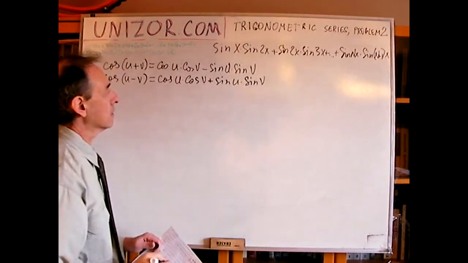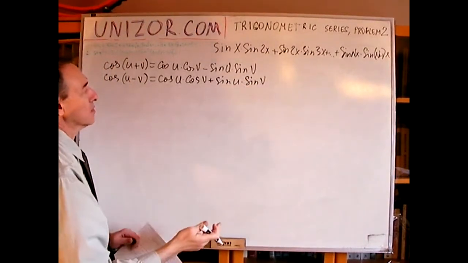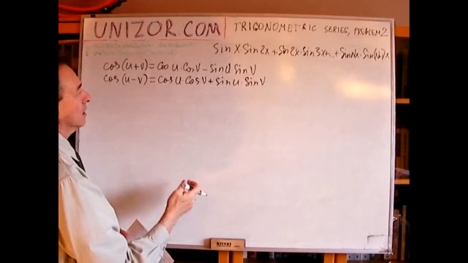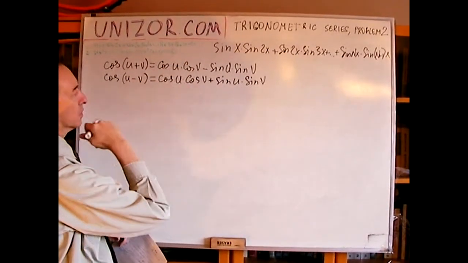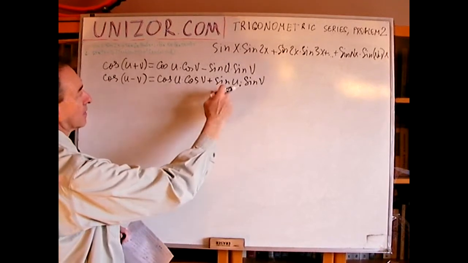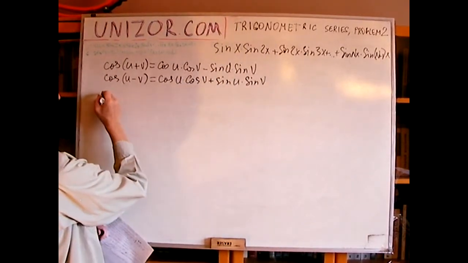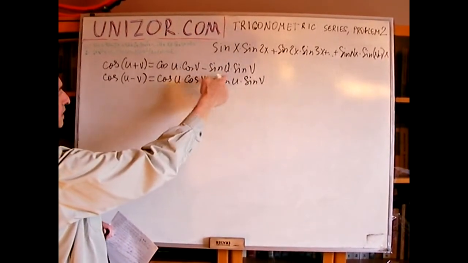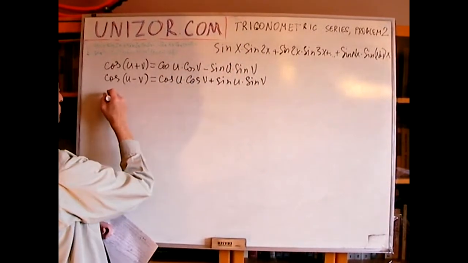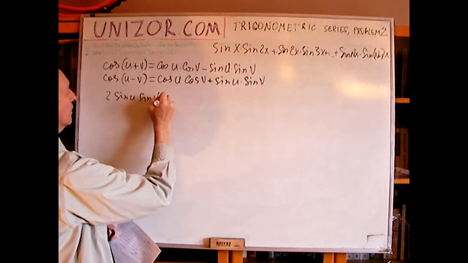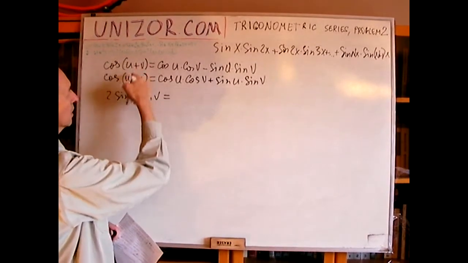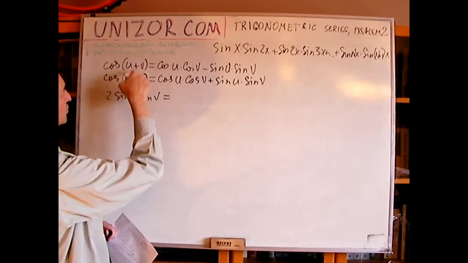So how can I get only the product of sines? Well, I have to subtract this. Cosines will be reduced, and I will have only the product of two sines. So sine times sine minus sine times sine will be 2 sine u sine v, is equal to, from this we subtract that, right?